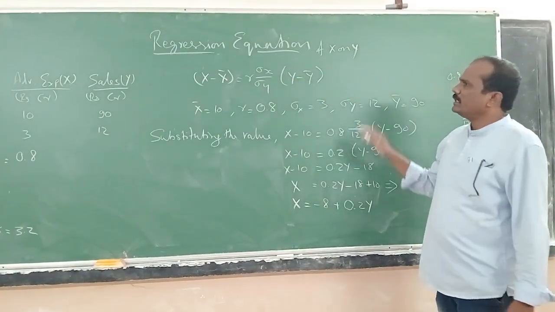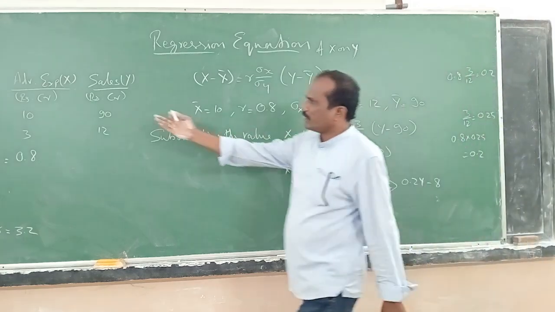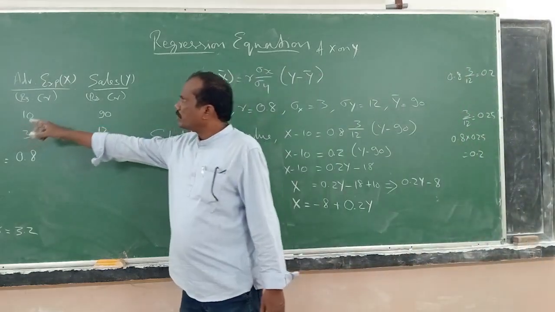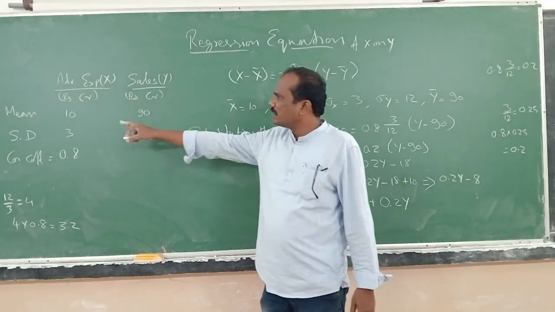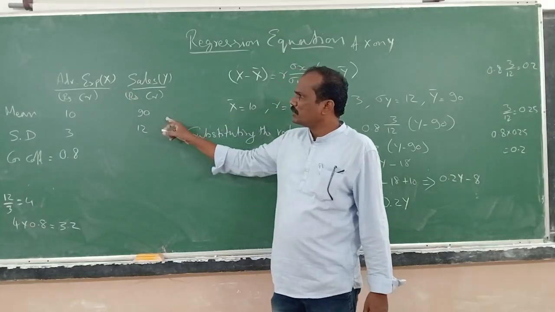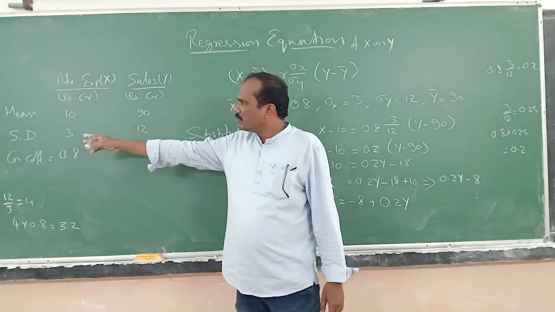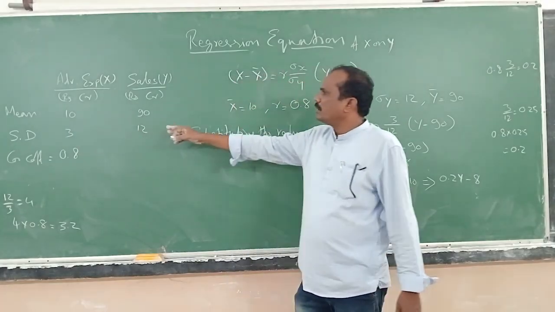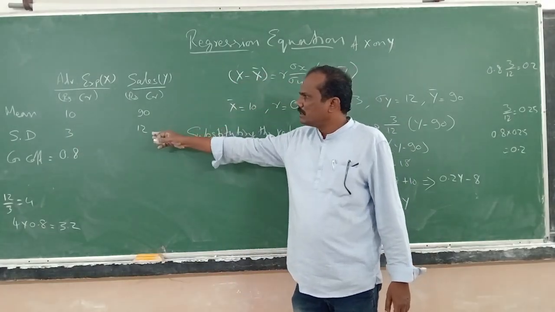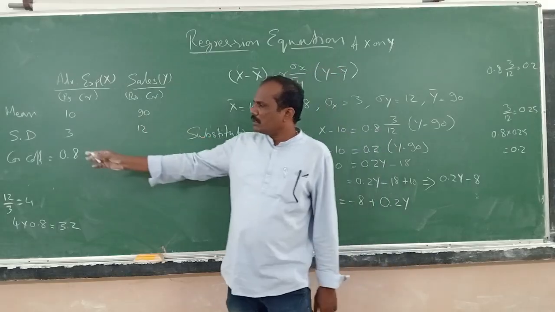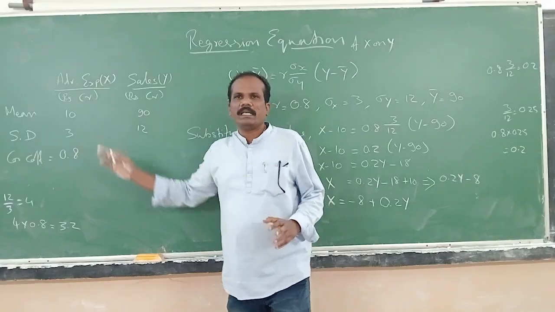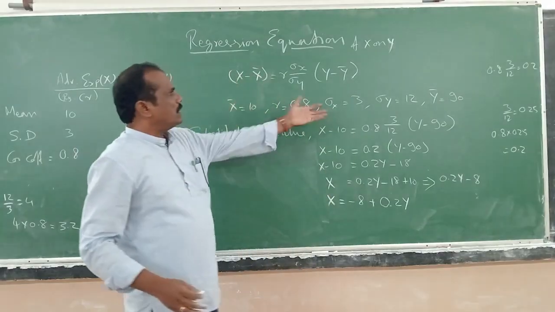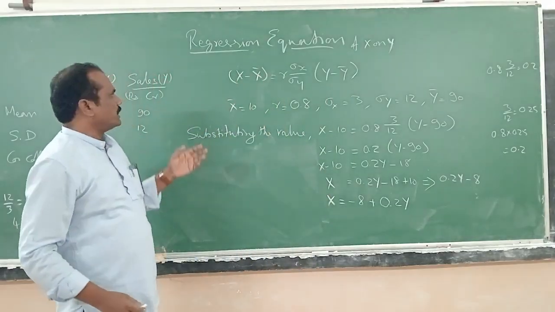Here, with the given values, the mean values for advertisement expenditure and sales are 10 crores and 90 crores, the standard deviation for advertisement is 3 crores, the standard deviation for sales is 12 crores, and the correlation coefficient is 0.8. I have fixed these values into the numbers.